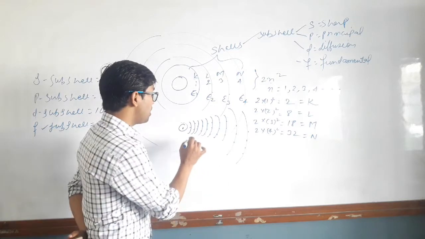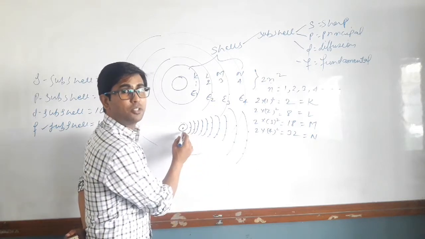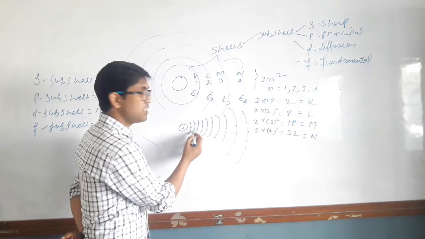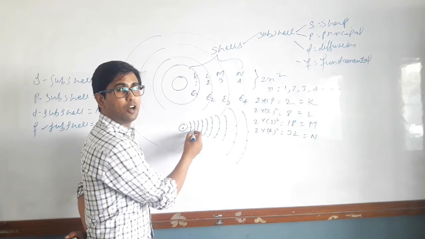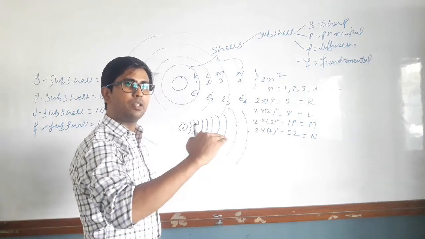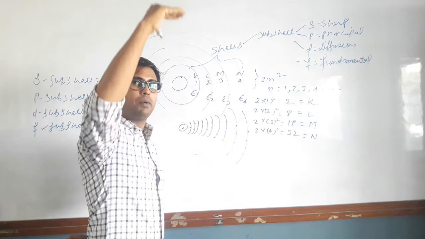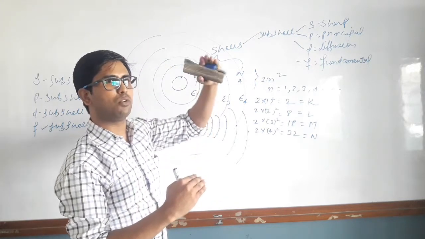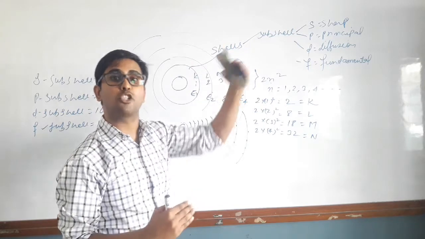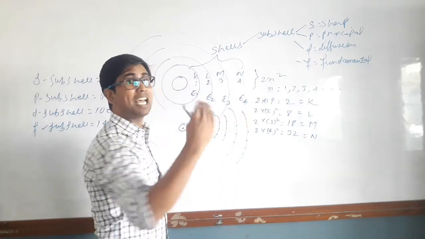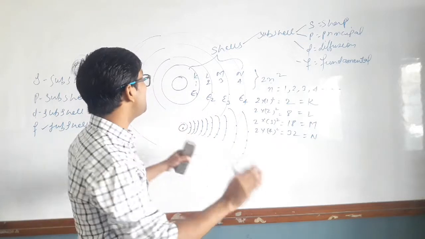The energy of the electron which is nearer to the nucleus is less than the energy of the electron which exists in the second orbit. So as you go up from one orbit to the second, second to third, third to fourth, fourth to fifth, the energy level will also increase.